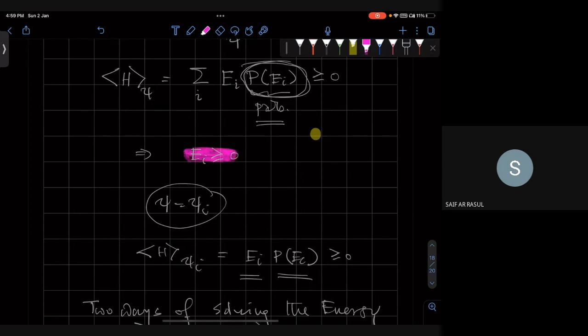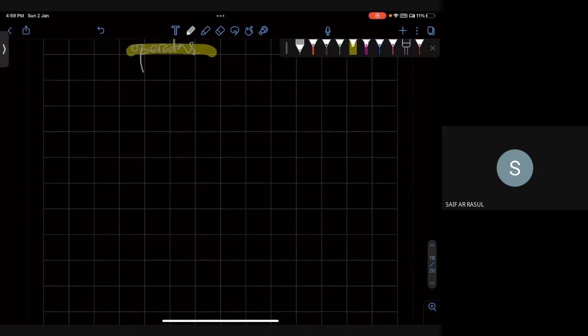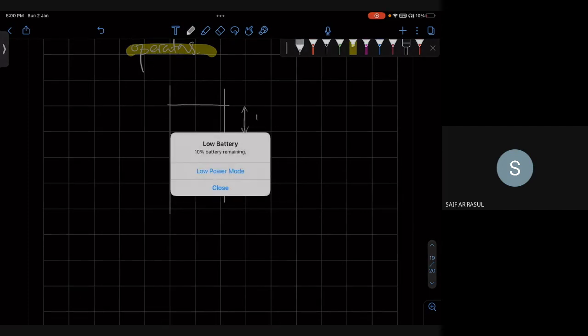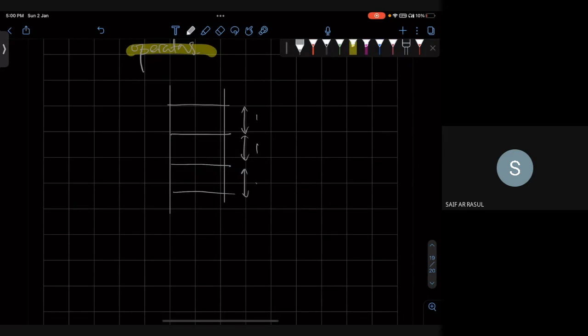Because we will see in the ladder method, at some point we will find a ladder of energy eigenvalues, and in certain units, the spacing is going to be 1.